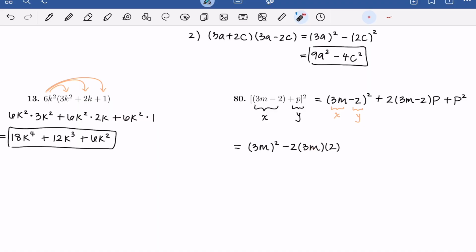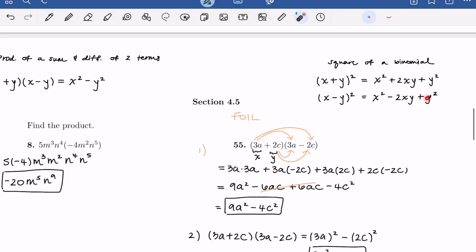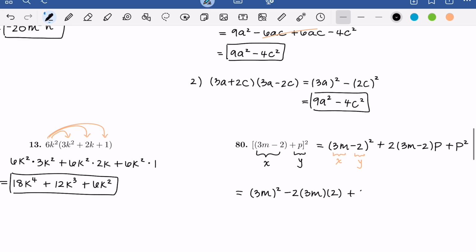And then our last term in this equation is going to be the square of this term here, so 2 squared. This entire thing, let's keep color coding, turned into this.